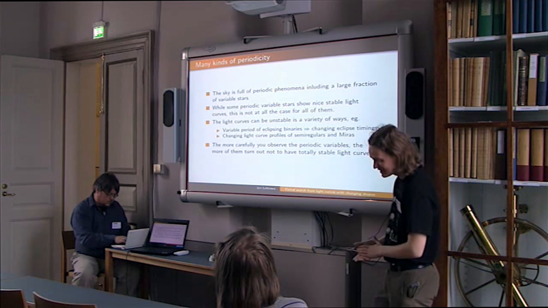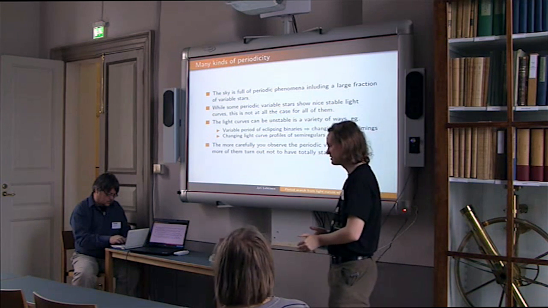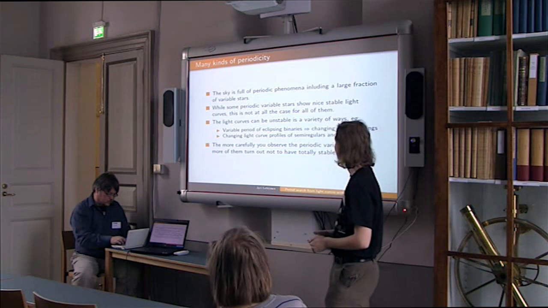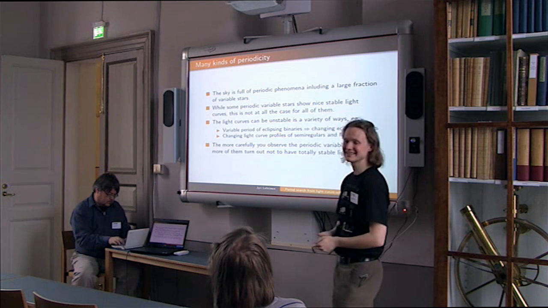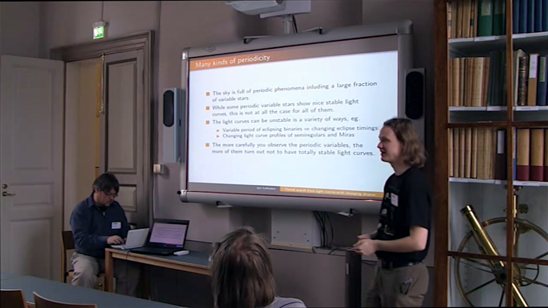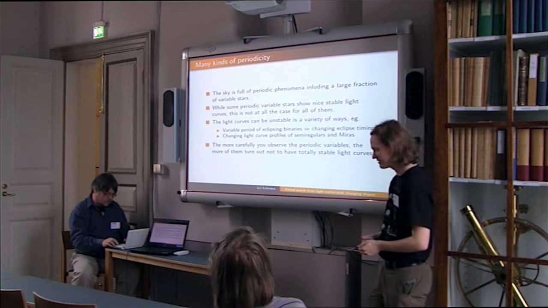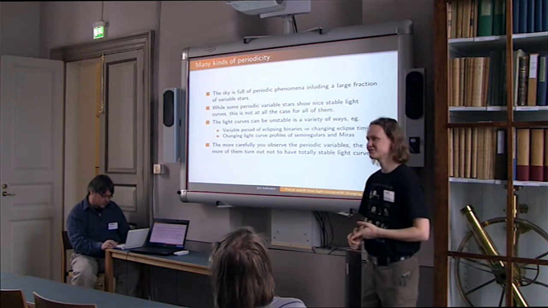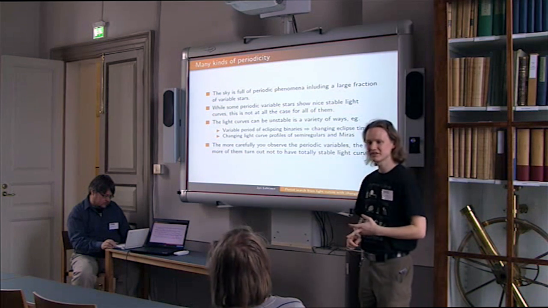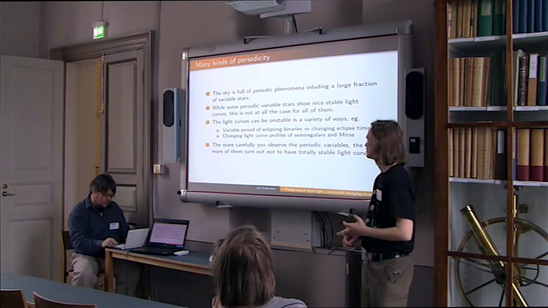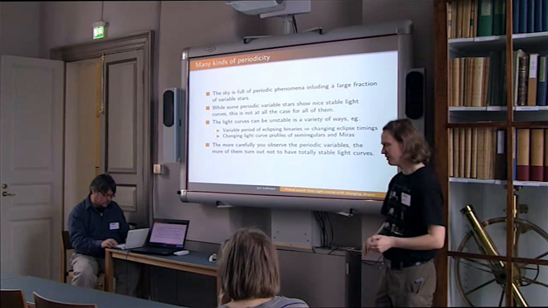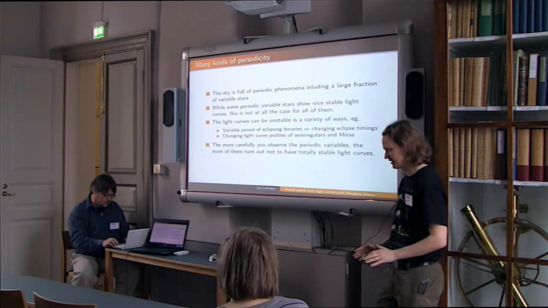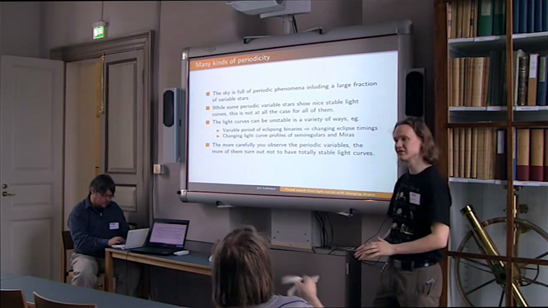But when you look at the light curves that are periodic, you quite quickly see that not all of them are very stable. On the one hand, you have light curves, for example Cepheids or eclipsing binaries, that can be extremely stable, so that they can stay for decades or centuries totally unaltered.